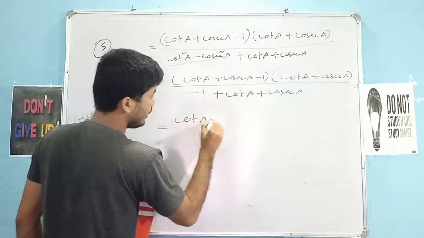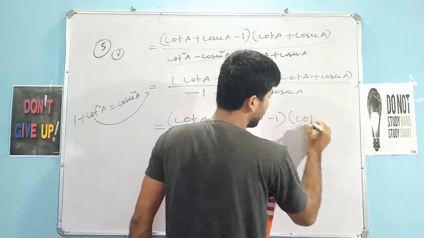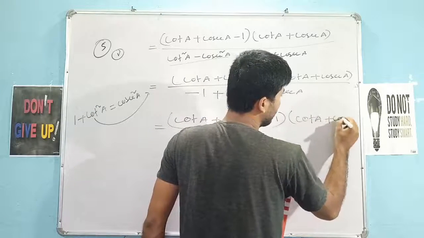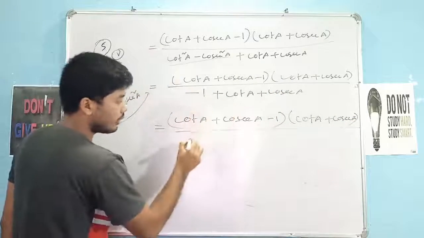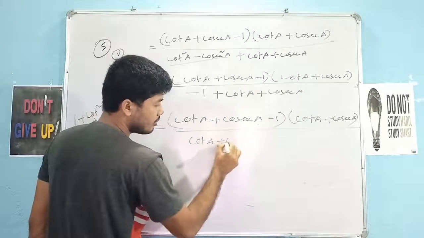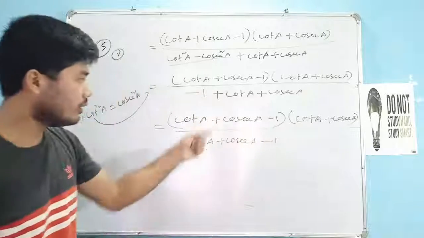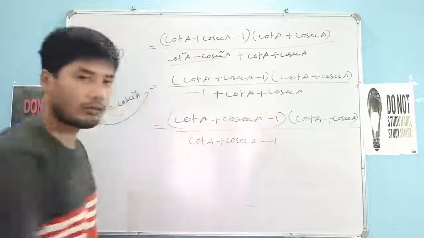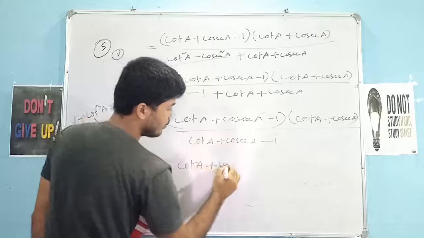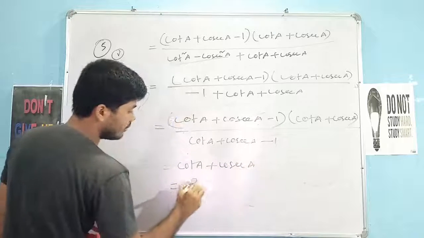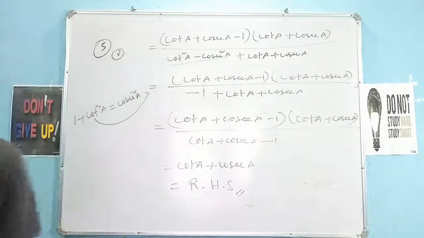So this is cot A plus cosec A minus 1, and cot A plus cosec A. If we arrange it, it is similar to this one, right? So therefore we have cot A plus cosec A on the right hand side. Therefore this is our right hand side, right guys? Yes.